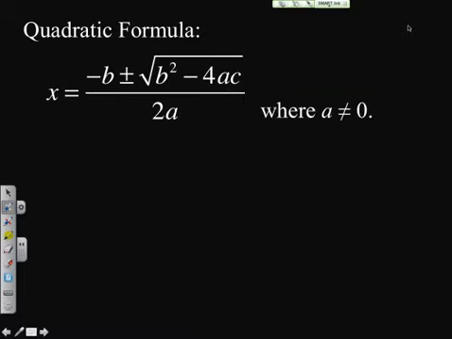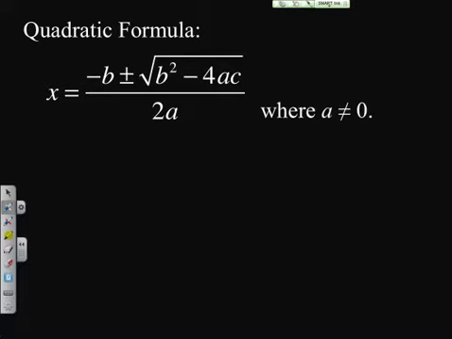The nice thing is we don't have to use completing the square very often to solve things unless we're specifically asked, because, and I'm not going to take time to do it on the video, but this quadratic formula is really the standard form of a quadratic equation. They applied the completing the square process and they came up with this quadratic formula.